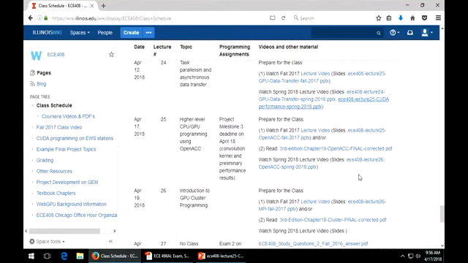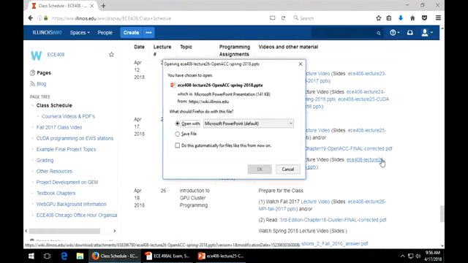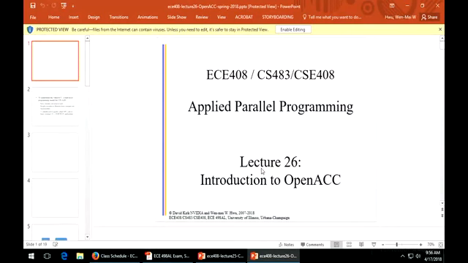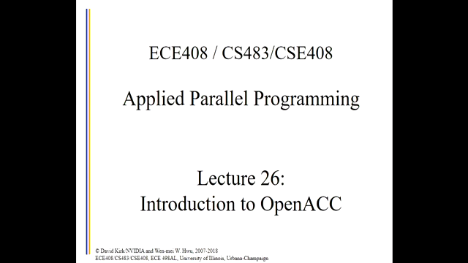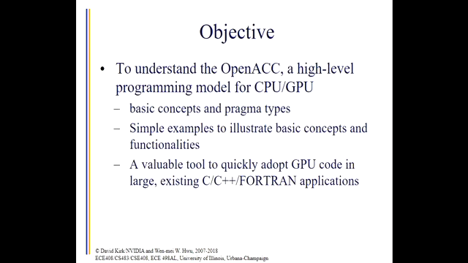Now let's go into a topic that I'm going to introduce into the world of higher level programming interfaces for GPUs and parallel computing. Today we're going to look at OpenACC, and for those of you who are familiar with a programming interface called OpenMP, these are closely related cousins.